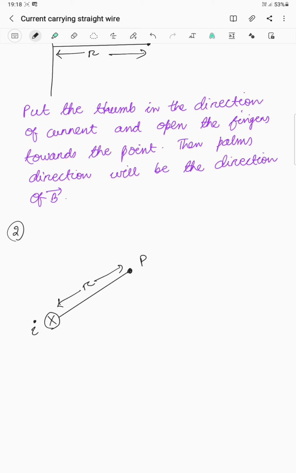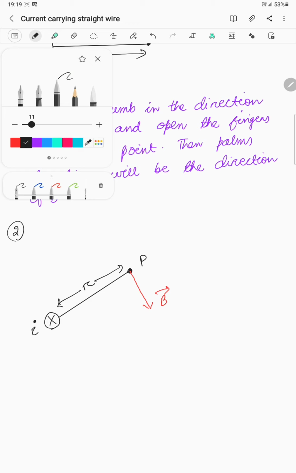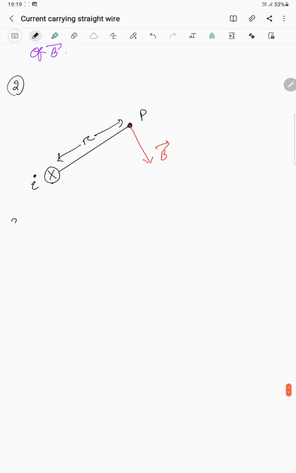Then it is quite obvious in which direction my palm is. If you have guessed this direction, it is correct. Your magnetic field will be in this direction. So this is the easiest way by which you can calculate the direction of the magnetic field.